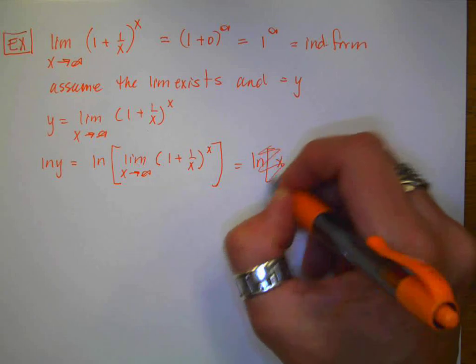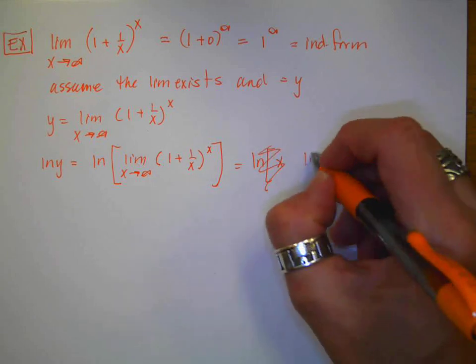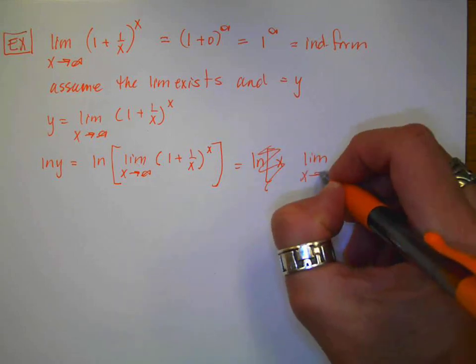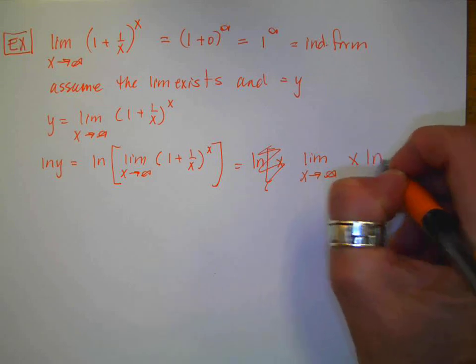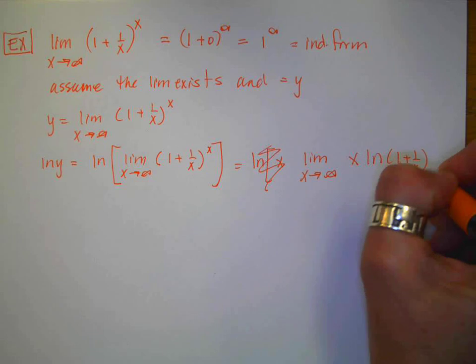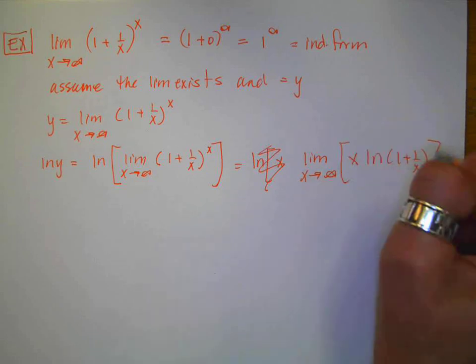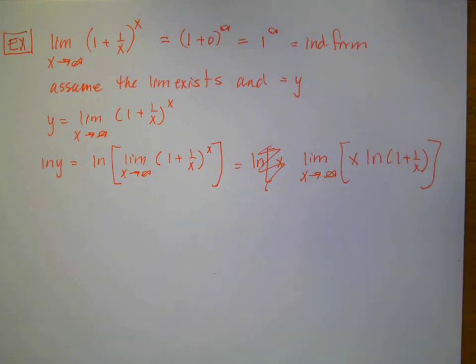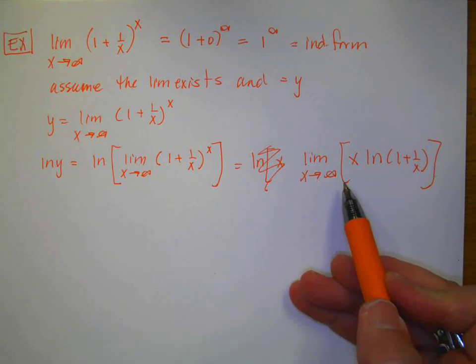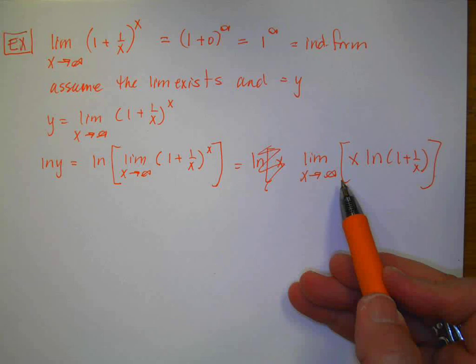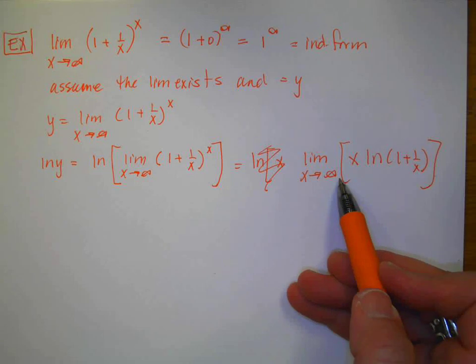I'm going to pull the limit out, so I get the limit as x approaches infinity of x times the natural log of 1 plus 1 over x. The only reason we can do this is because the function is continuous.